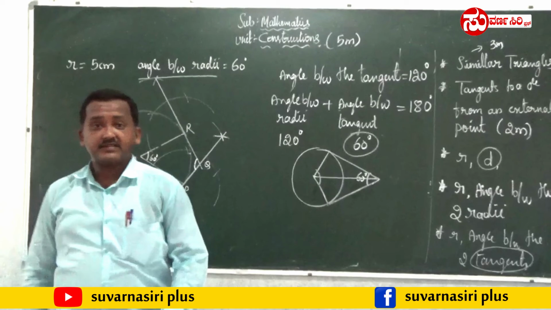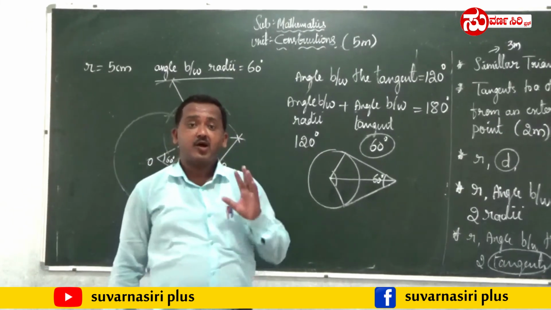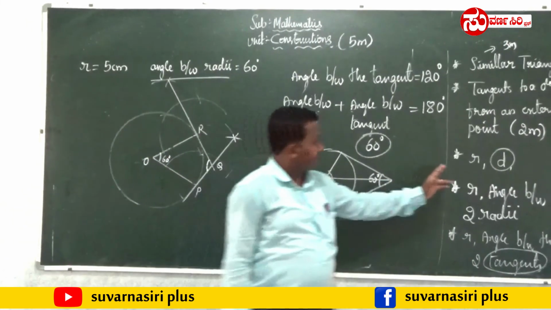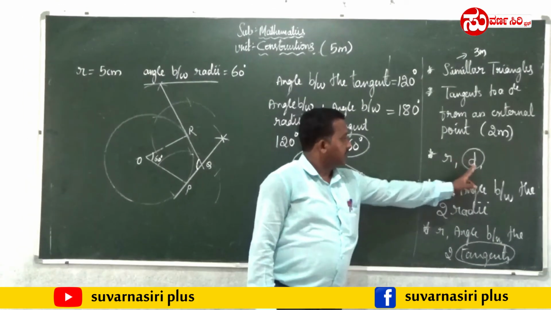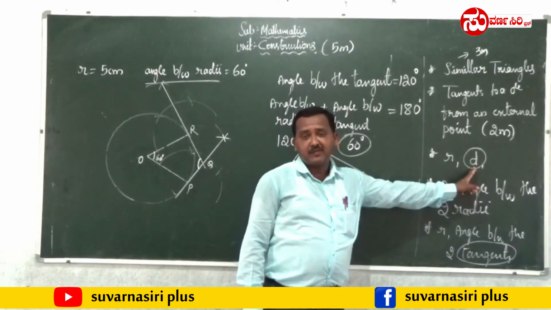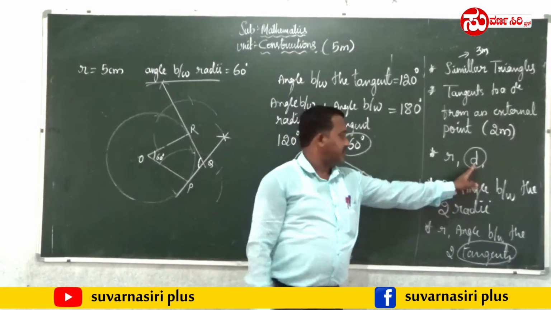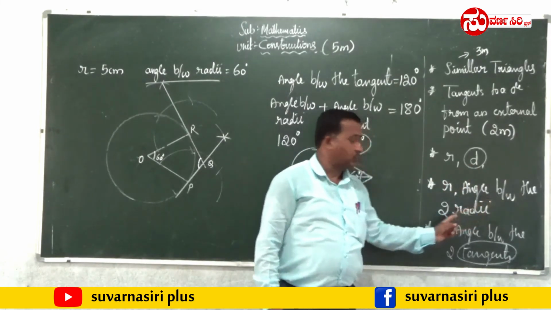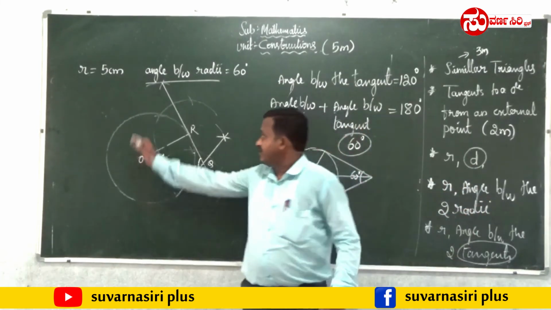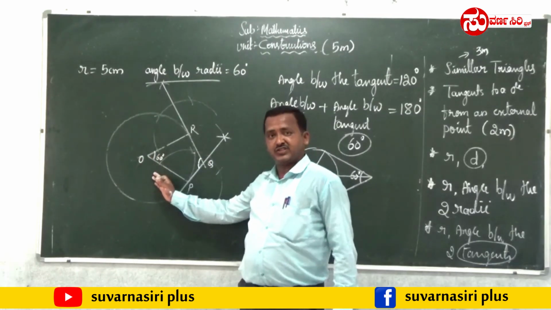So these are the three cases of the problem. The first case is only the radius, and the distance of the external point from the tangent will be given. The second is the radius, and the angle between the two radii is given, whose construction procedure we have seen here.